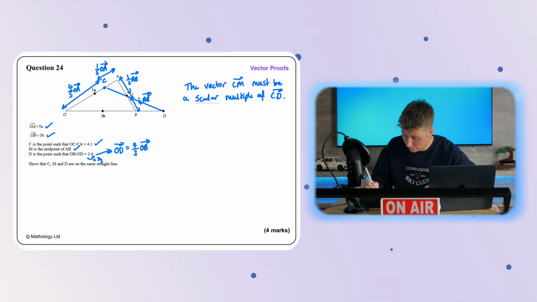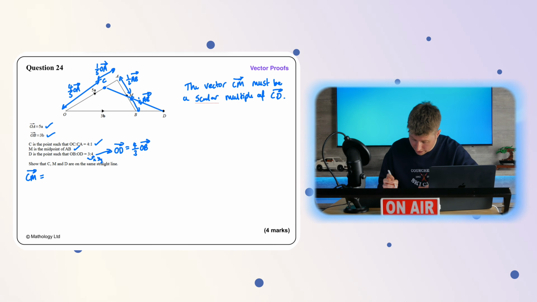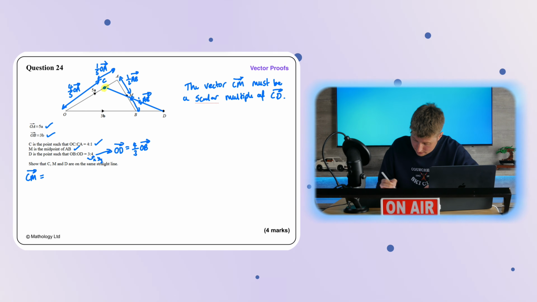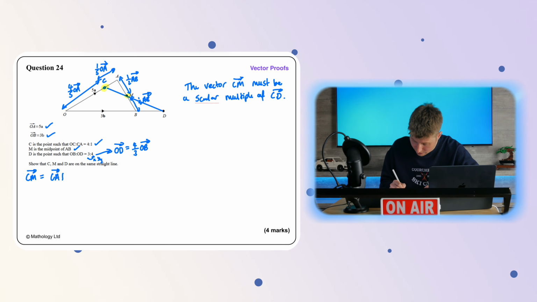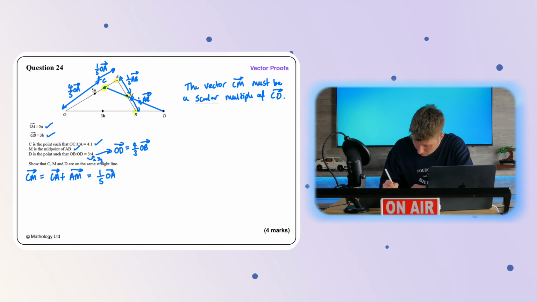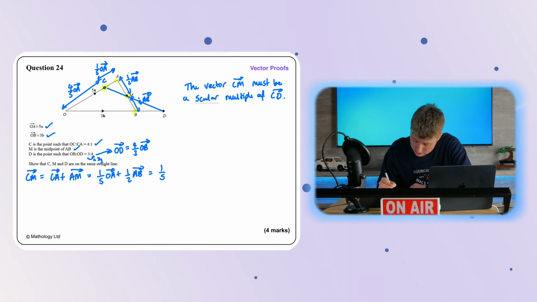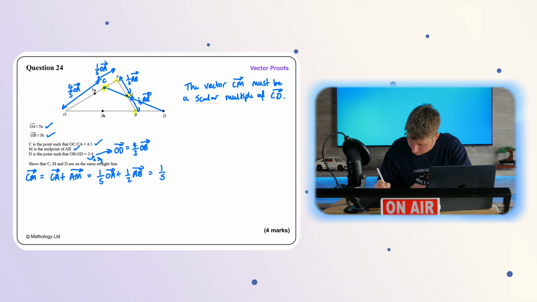So if we first work out the vector CM, so how do we get from C to M? To get from C to M, we can go C to A, and then we can add A to M. So this is equal to 1/5 of OA plus half of AB. So 1/5 of OA is 5A, and then plus a half of AB.